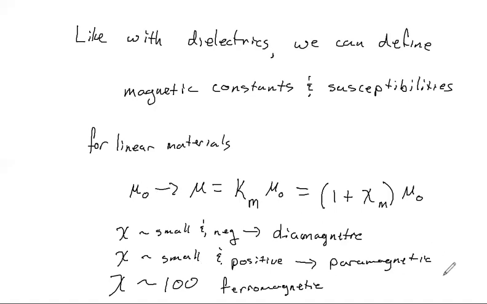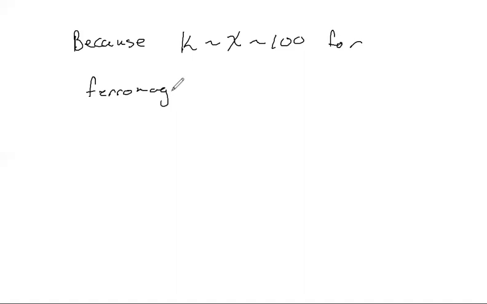There is one other curious or interesting effect, and that is that because k is about the same as chi, which is a factor of 100 for ferromagnetic materials, what we find is field lines would rather follow the metal rather than leak into the air.